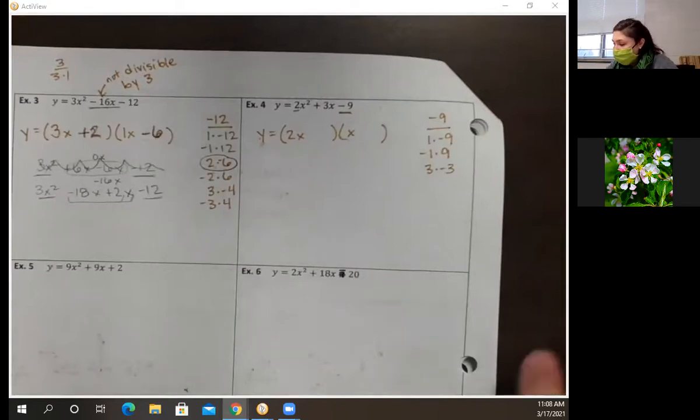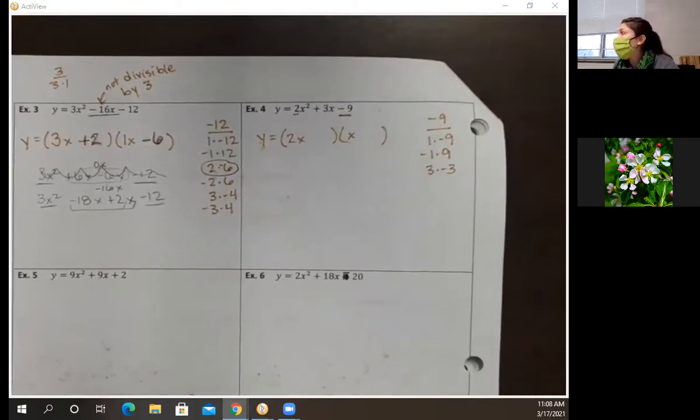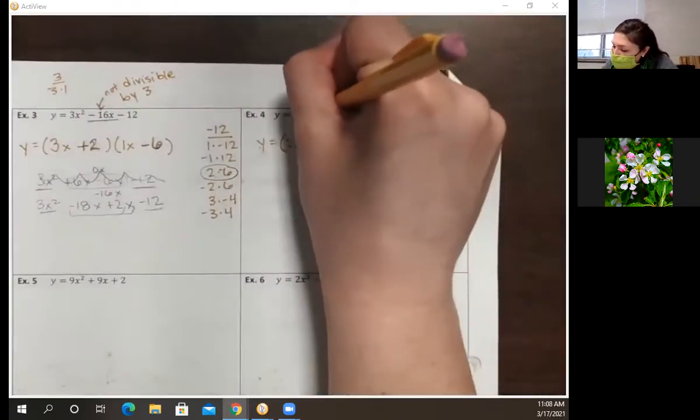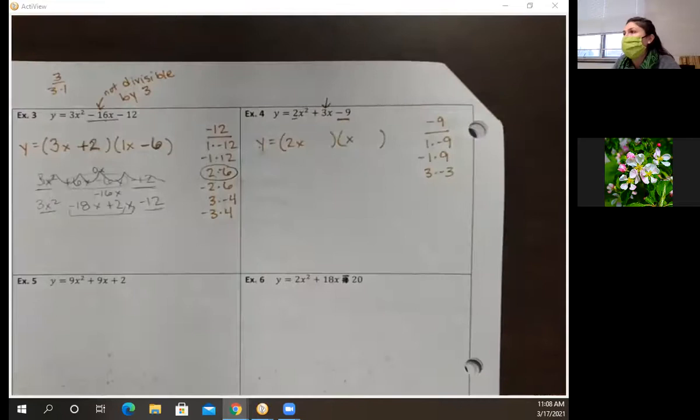So I'm going to switch back to my pencil so we can do a little experimenting. Anybody have some thoughts on what they would like to try first? Remember, I'm wanting to get to positive 3x.